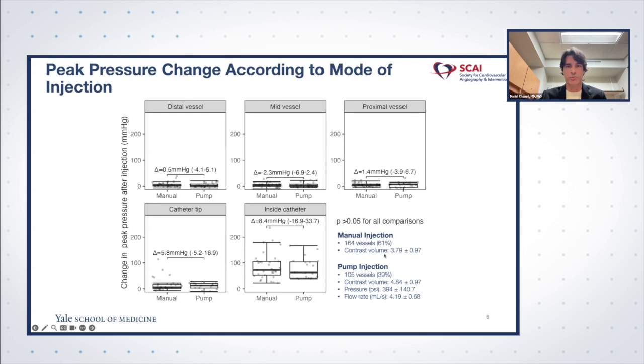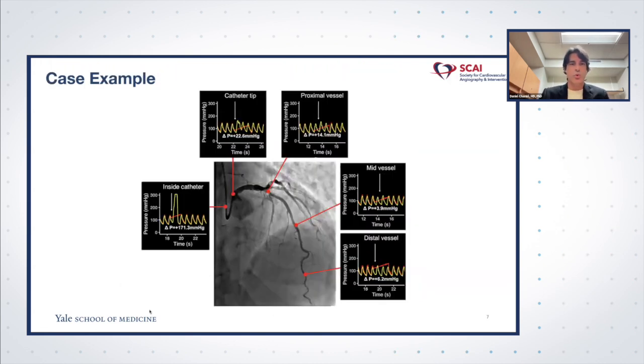The total contrast volume for manual injections was around 3.8 and 4.8 for pump injections, and those are the settings that we used. And you'll see that regardless of where you are, in the coronary or in the catheter, there was no significant difference in the rising pressure achieved either with manual or pump injections. And this is one case example.